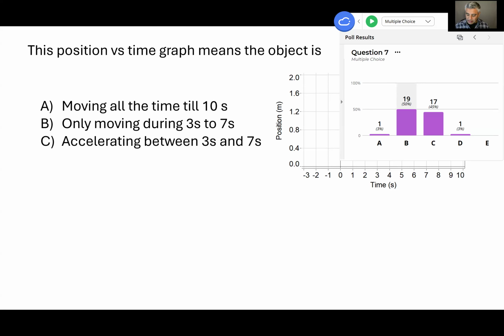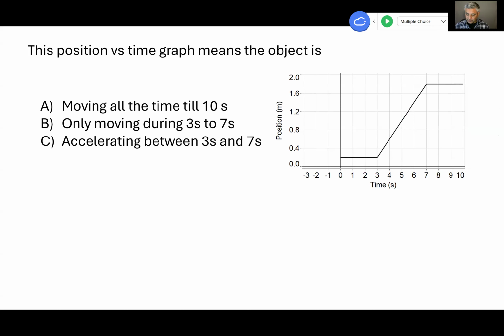Okay. So let's see. Accelerating between 3 and 7 seconds. So position versus time graph. If something is accelerating, what has to happen? Velocity has to be changing. And when something was accelerating, the graph looked like this curved line. Over here is a straight line. Straight line has one slope.